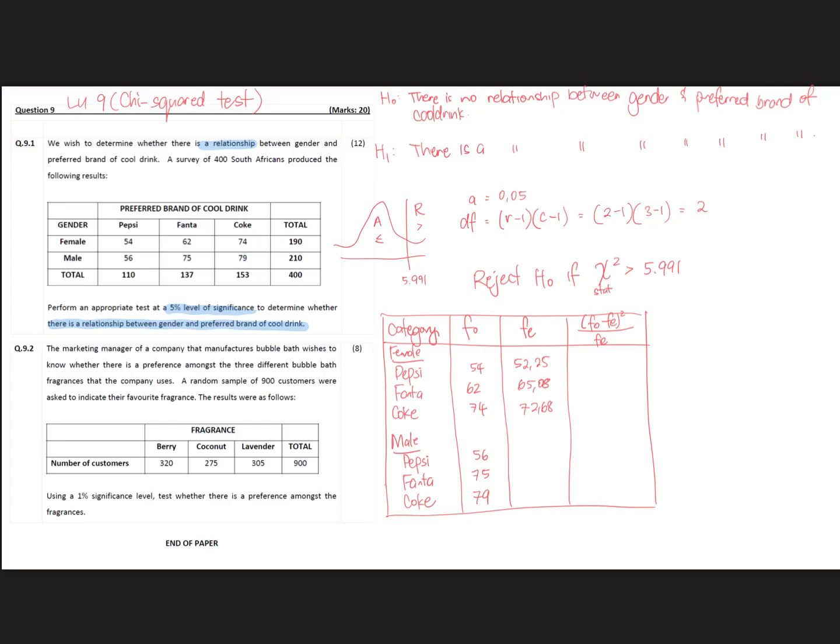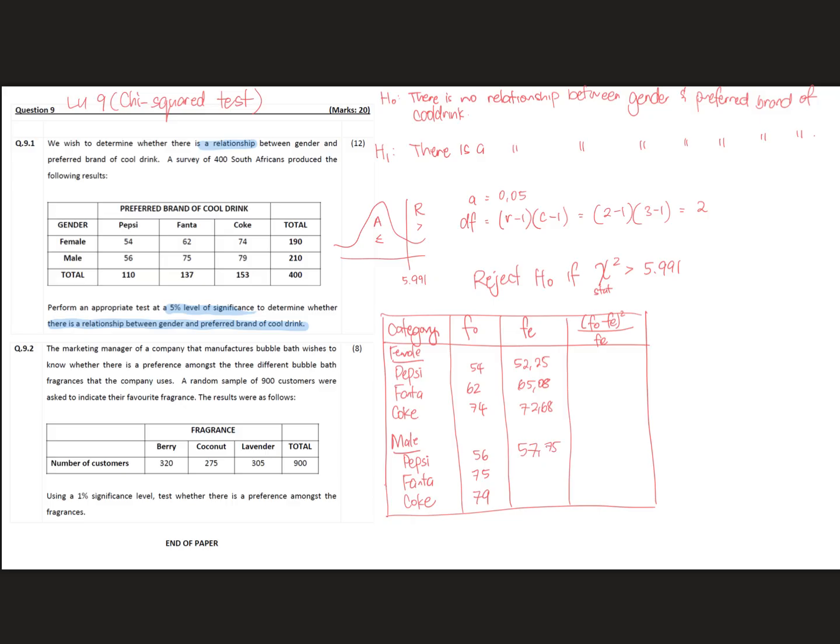So let's move on to the next one. So the next one is 56 here. So go to 56 in the table here for the males. Again, row total, 210 multiplied by column total, which is 110. And then divide that by the sample size, which is 400. So 210 times 110 over 400, and that would be 57.75.